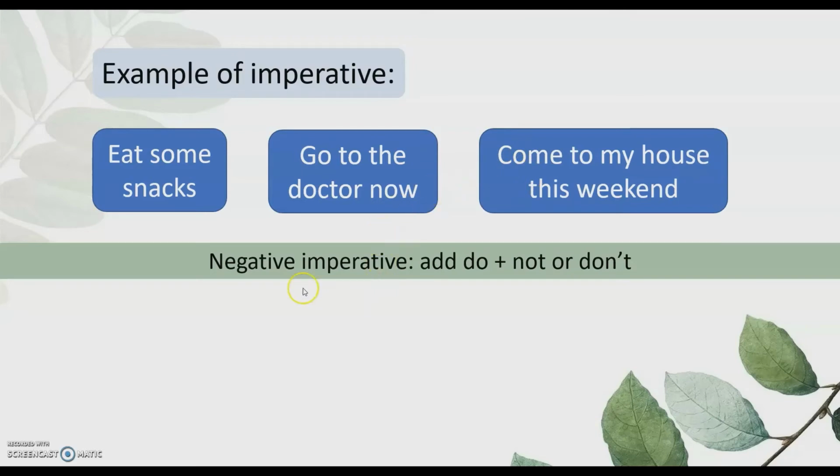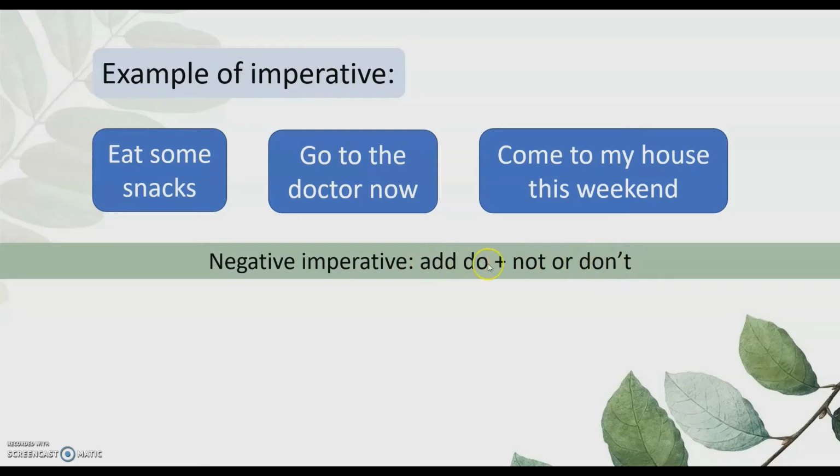Okay. So, for imperative, we can also make it negative. The blue ones that we see here are all positive or affirmative imperatives. For negative imperative, we add do not or don't.